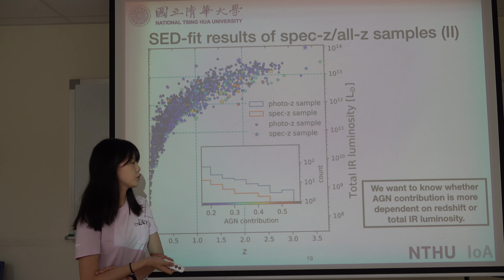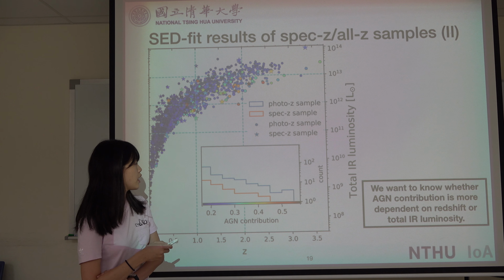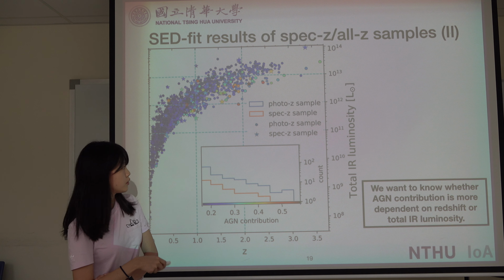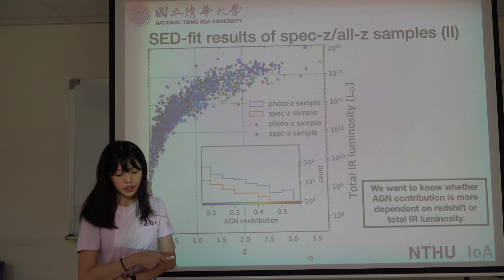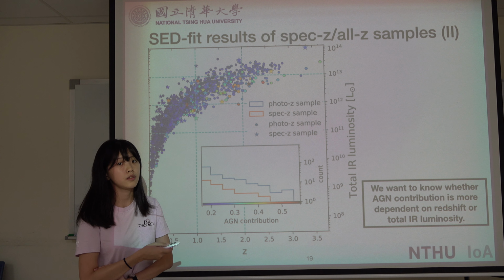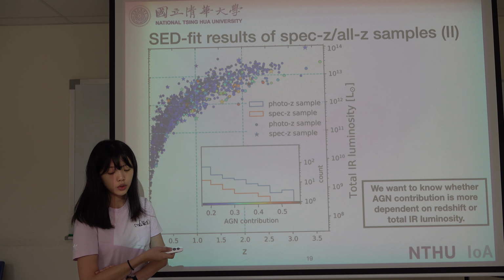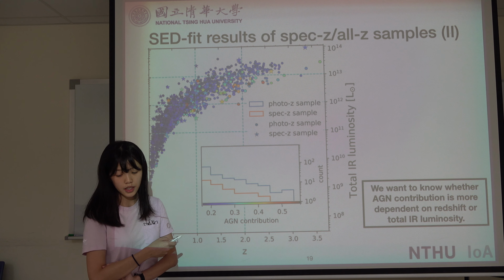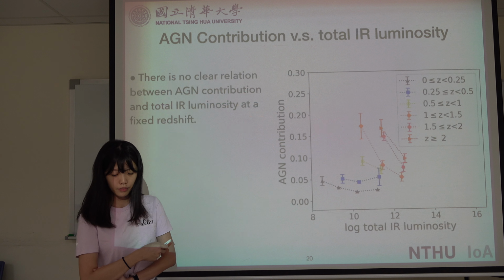And we really want to know whether AGN contribution depends more on total infrared luminosity or redshift. Therefore, we fix the redshift and total infrared luminosity individually and see the relation between AGN contribution and these two properties.